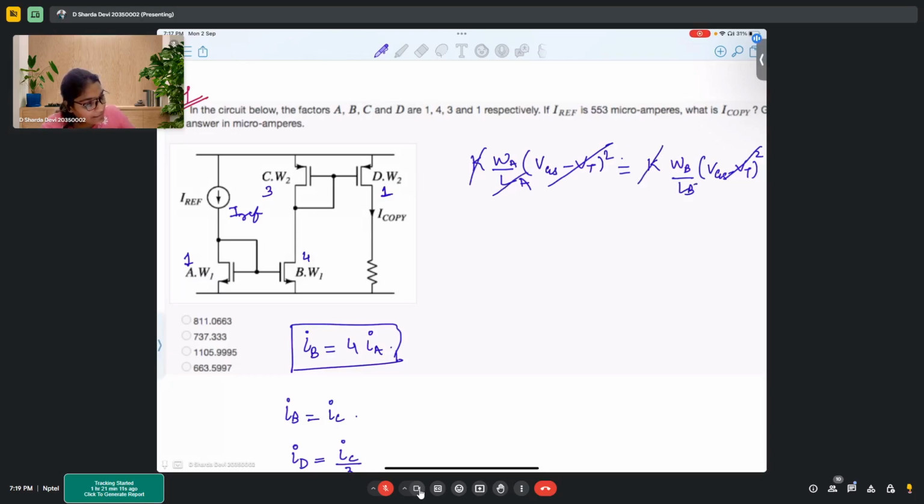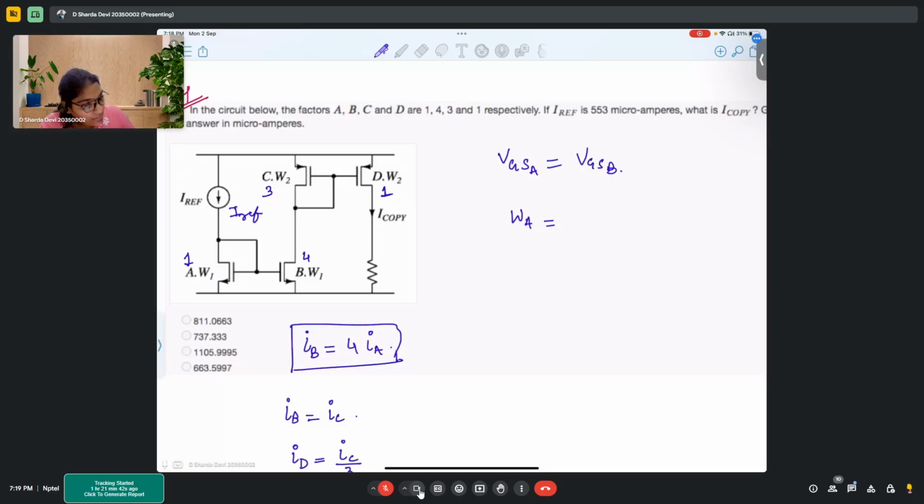K is equal, L is equal. Oh sorry, this cannot be equal. Here this is not equal. Only in series it will be equal, right? Here they are only connected. So here what we know is VGS A equal to VGS B.